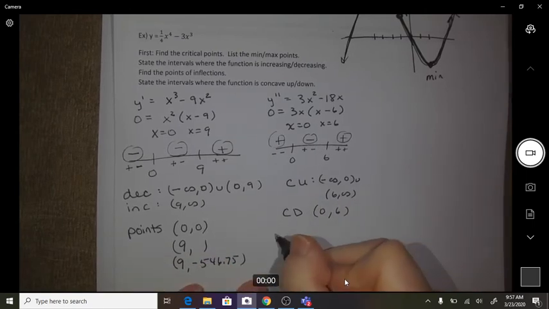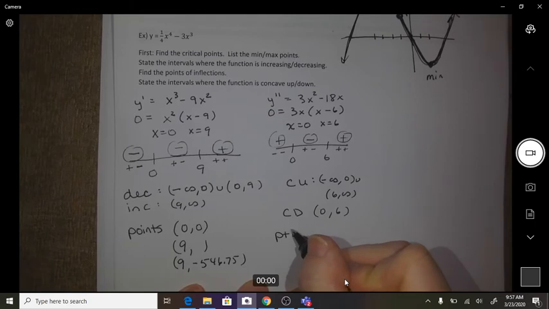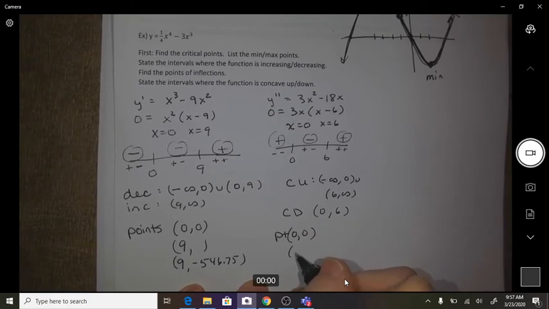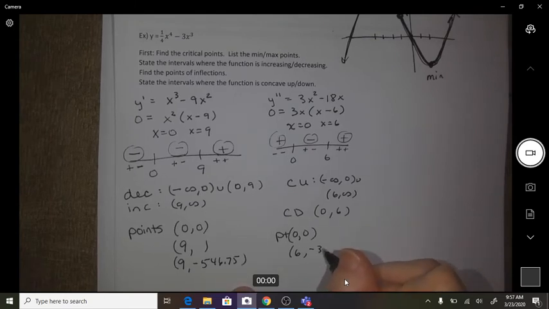Okay, I'm just going to write the points out, 0, 0, and 6, negative 324. Okay, let's graph this.